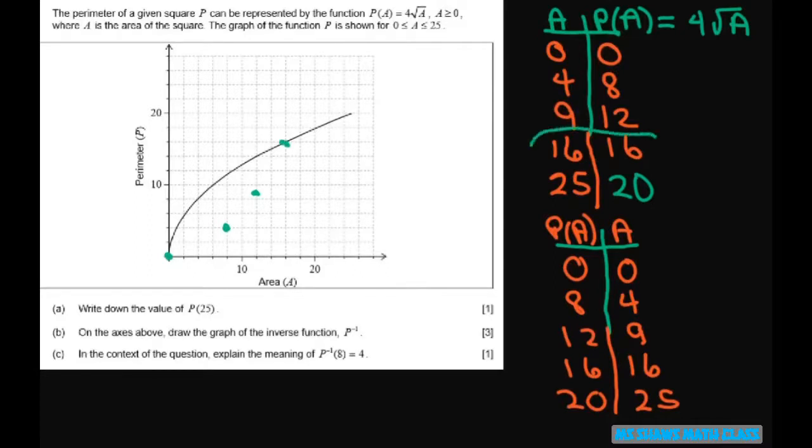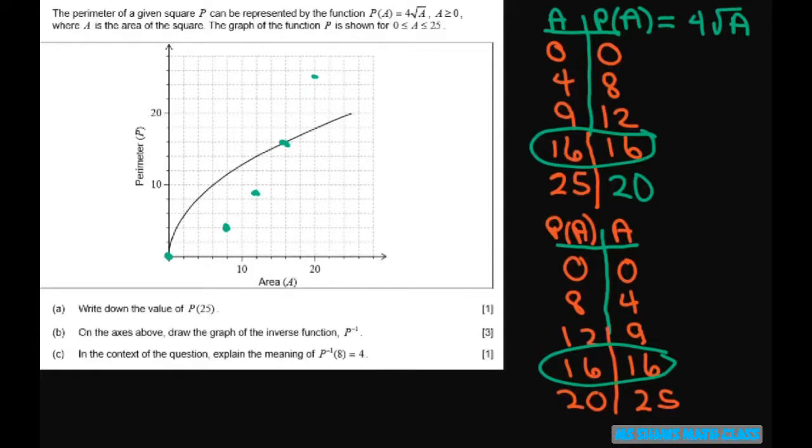These two match up. And then 20 maps to 25. So 25 is about here, and we want 20, so it's going to be right about there.